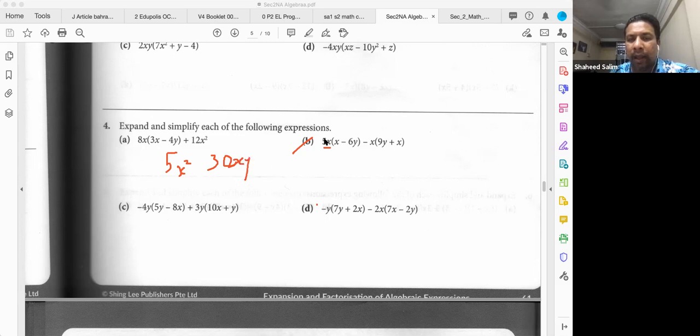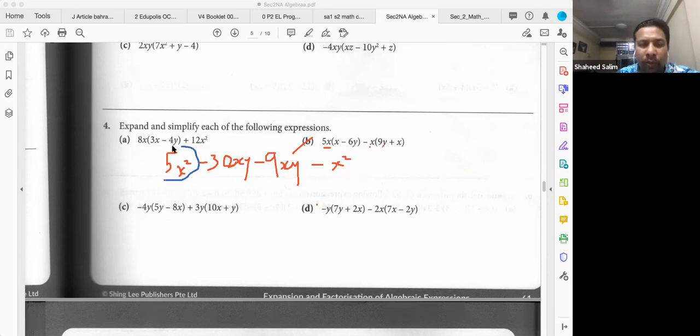You see, this is plus times minus is minus. Next one. X times y is 9xy, right? Then minus times plus is minus. X times x, x squared. Minus times plus, minus.